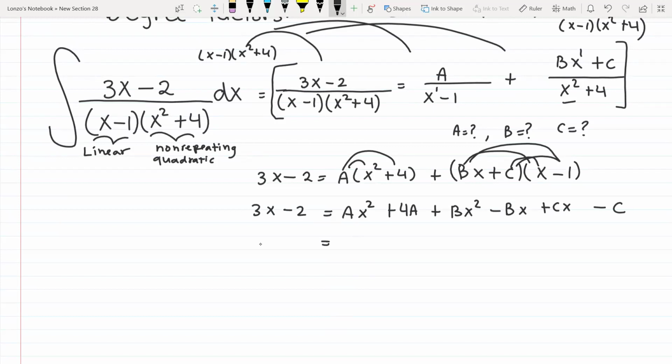And then what I would do is collect like terms. Even though you can't really combine them, what I mean is get all the highest powers on one side, medium powers on one side, and then the constant. So here, let's get all the power twos together. We have an Ax squared here, and then Bx squared there, and that's all I see. You can't really combine them because this is a letter A and this is a letter B, but you can just group them.